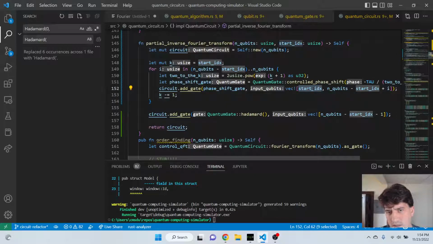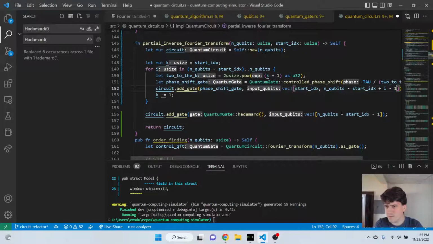Start IDX. So start IDX is 1, then this is 1, this is 2, we need that to be plus 0, right?